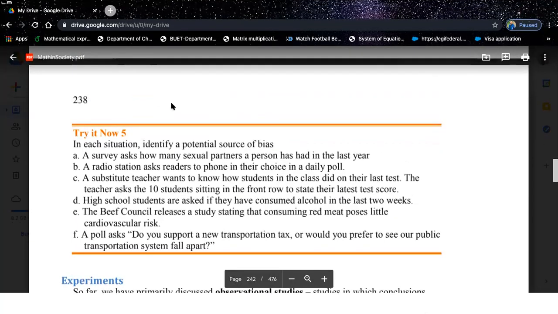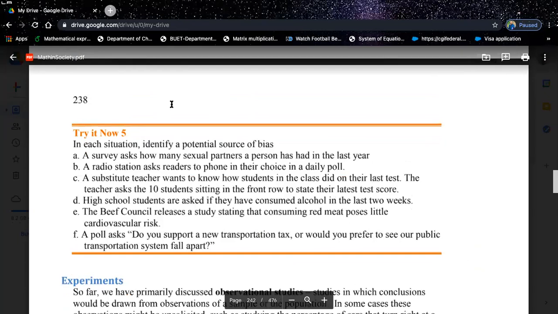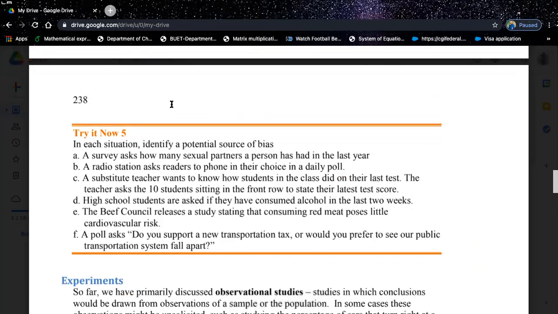Okay, all right. So let's do it this way. We have 5 more minutes. Let's try it now. One by one, I'll tell you the story, and you will say what type of biasness do you see?